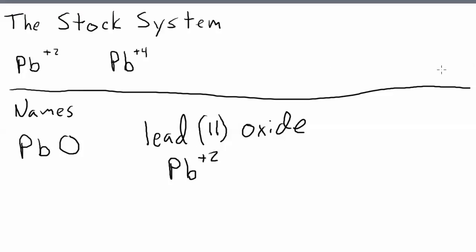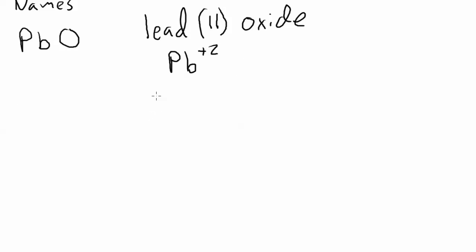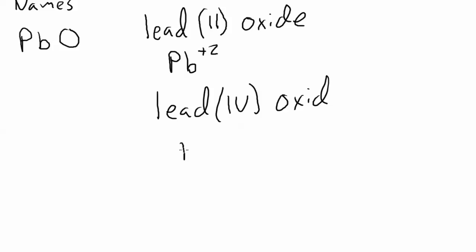On the other hand, if the compound is formed with the +4 ion, then that compound's name would be lead(IV) oxide. And that would mean that it has the +4 ion of lead in it.